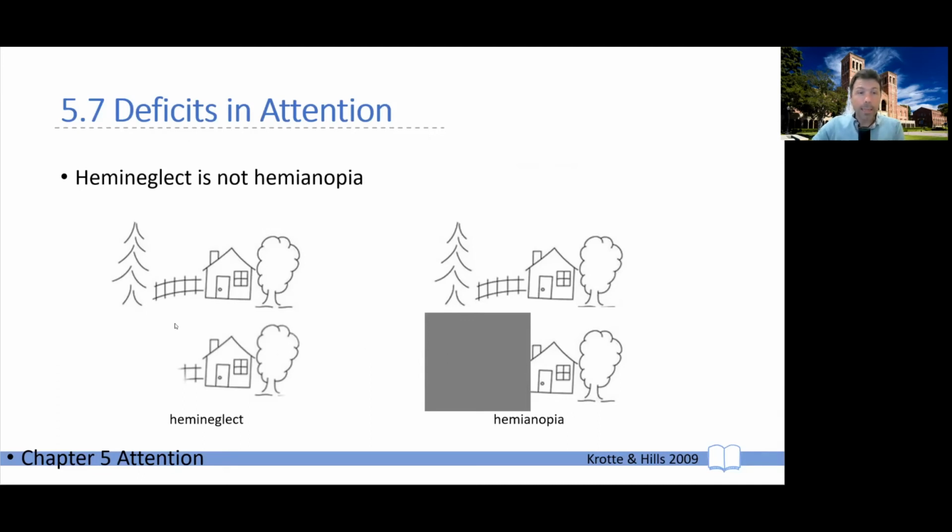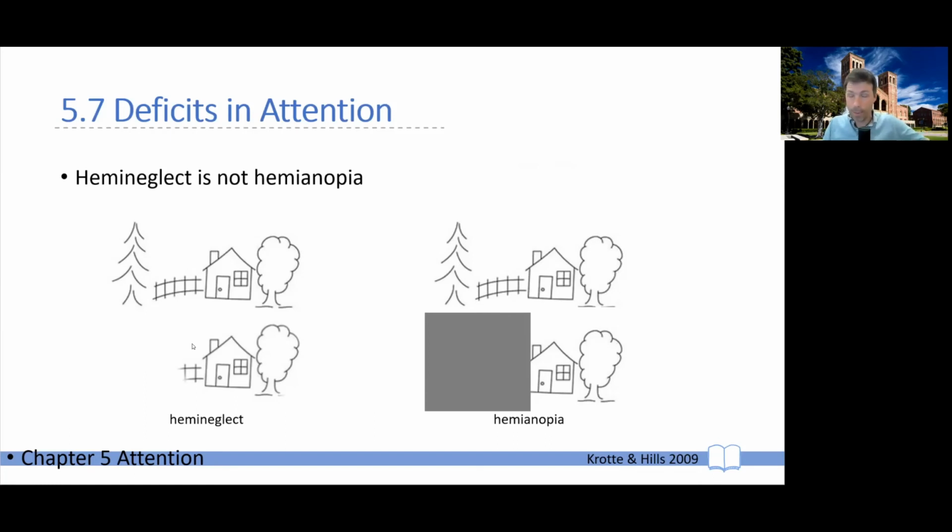For neglect patients, it's not that they don't see this side or that they have a hole on that side. This side doesn't exist. So they see just fine, they just can't move their spotlight of attention towards the left side. If you ask them, they have no idea that there is a left side. To them, the center of their visual field is the left.